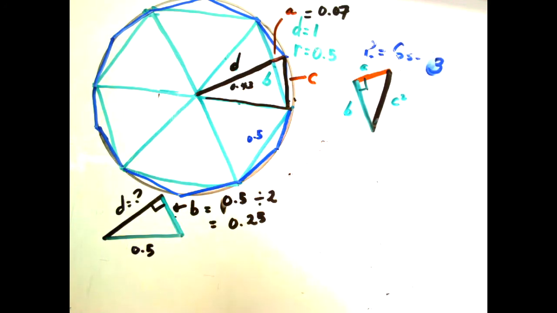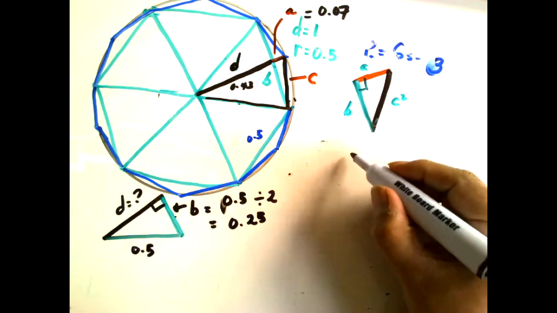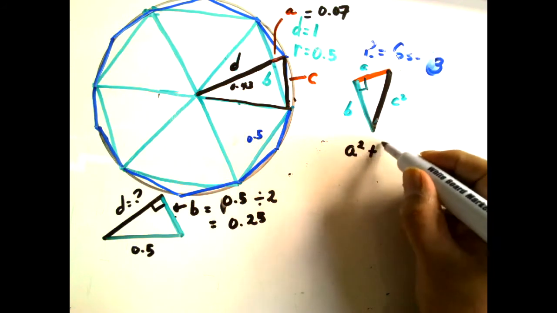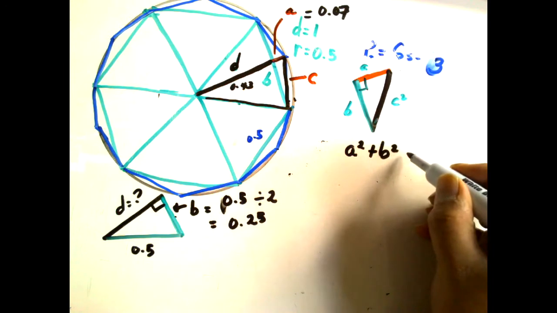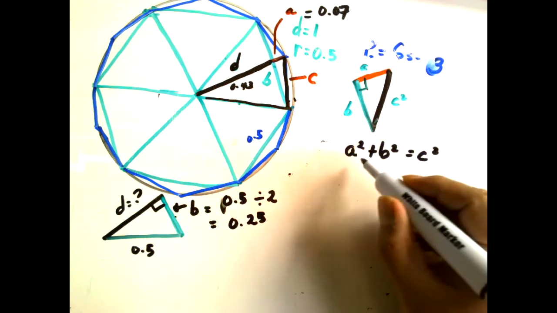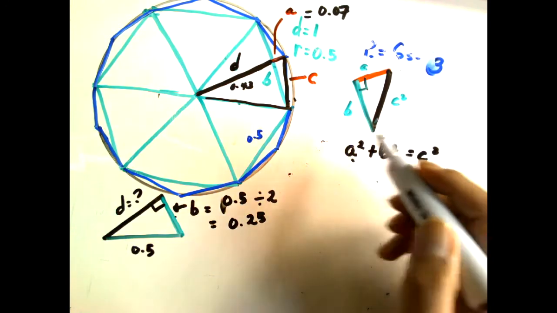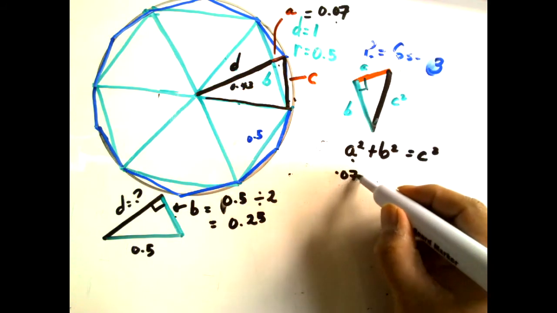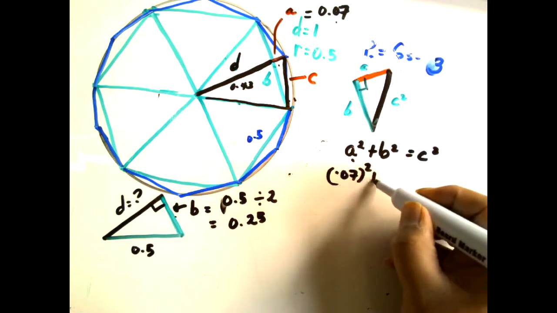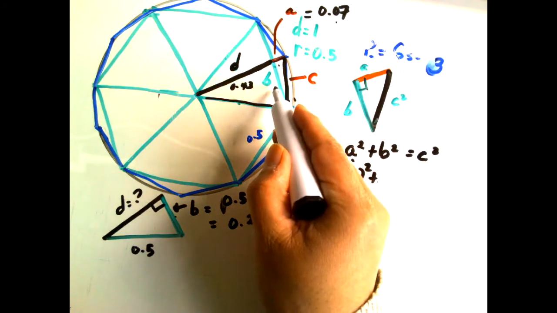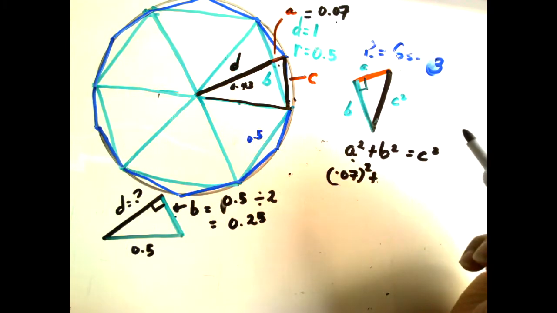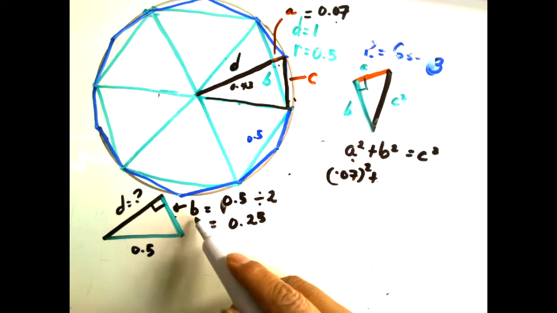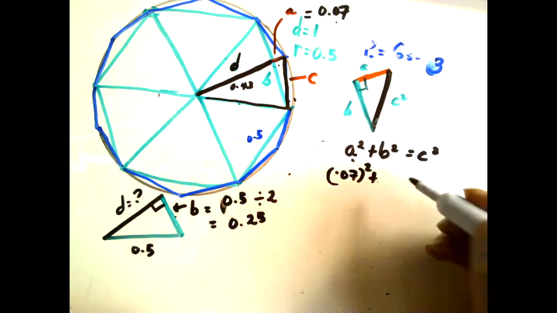So we're going to write the formula of that. It's going to be A squared plus B squared equals C squared. We have our A, we just solved for it. That A there is 0.07 squared plus the B, we have the B. The B is, there you go, 0.25, half the radius.